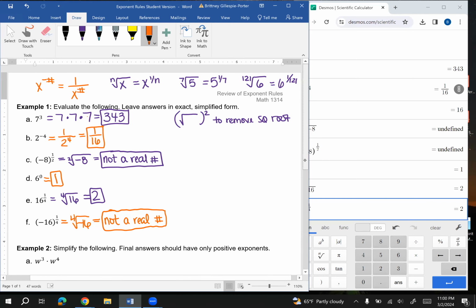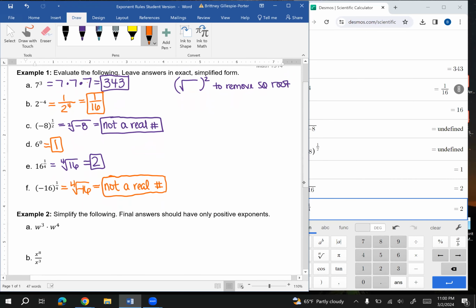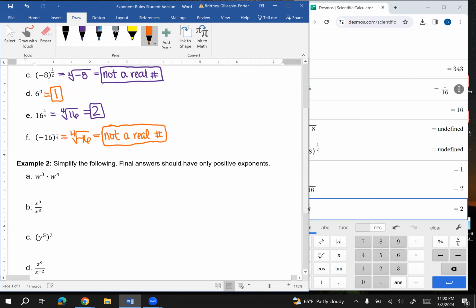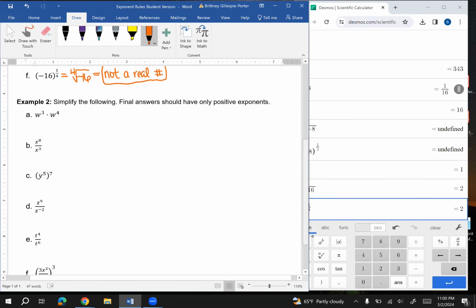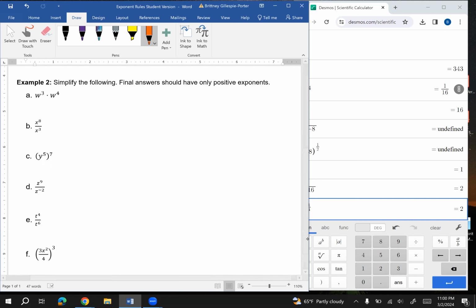Example number 2, we're going to get into our variables. And we only want positive exponents for our answers. Okay, so just a quick review. When we had x times x, we got x squared.